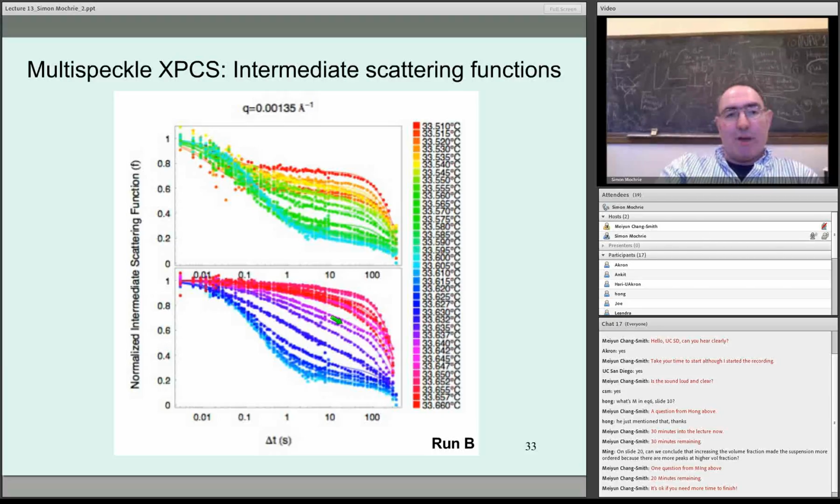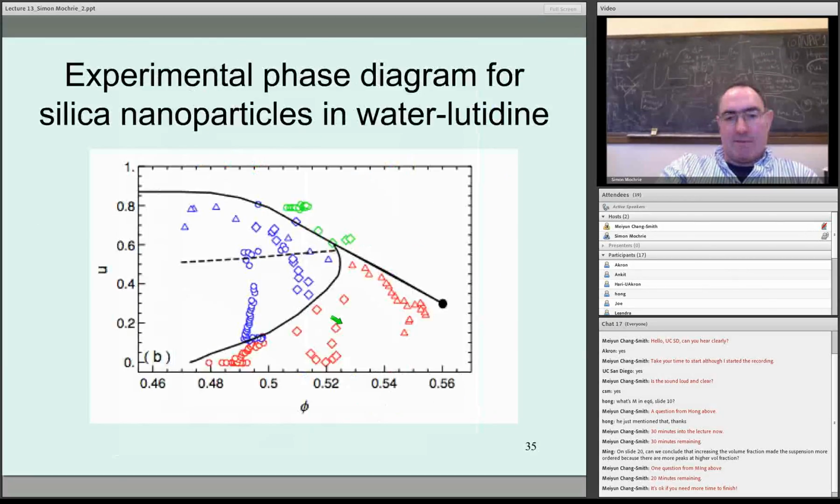So that's the green things in this plot here. The red ones correspond to that original behavior I described, where it starts off at 1 and then drops to a value of about 0.4.